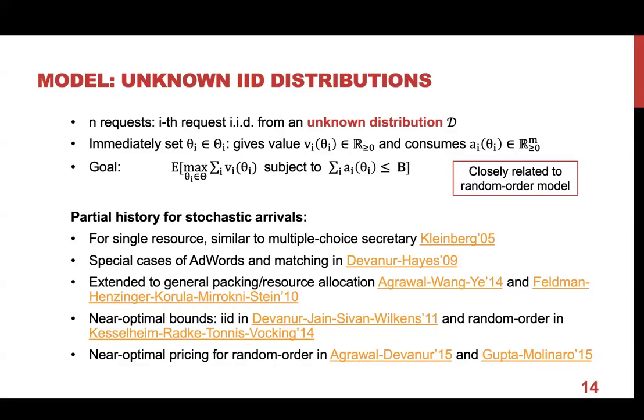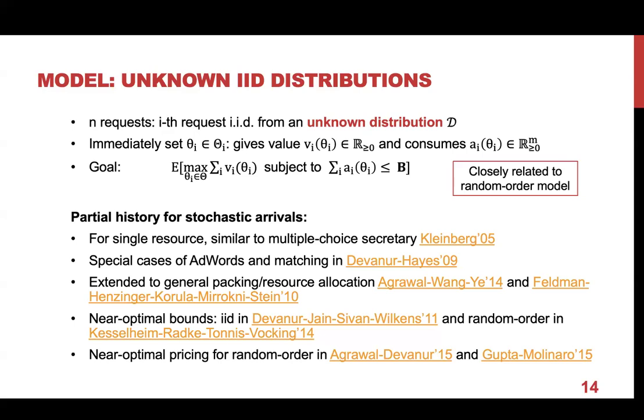And Devanur and Hayes is one of the papers that realized that if you study those problems in this stochastic i.i.d. model, then you can actually get pretty much the hindsight optimum, a 1 minus epsilon approximation. So this is one of the papers. Again, as I'm saying, this is a very selective history. There are many papers in between. Devanur and Hayes was more about matchings. It was extended to general packing problems and general online resource allocation around 2010.